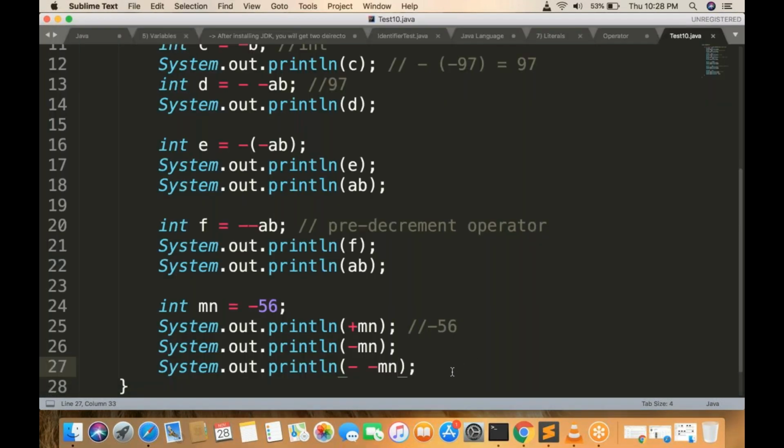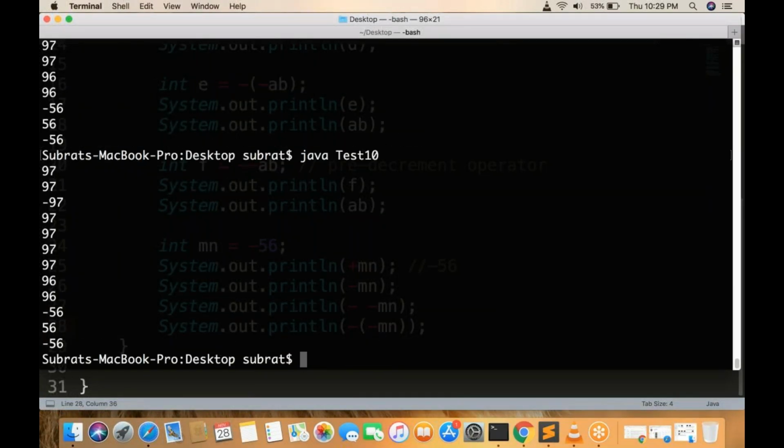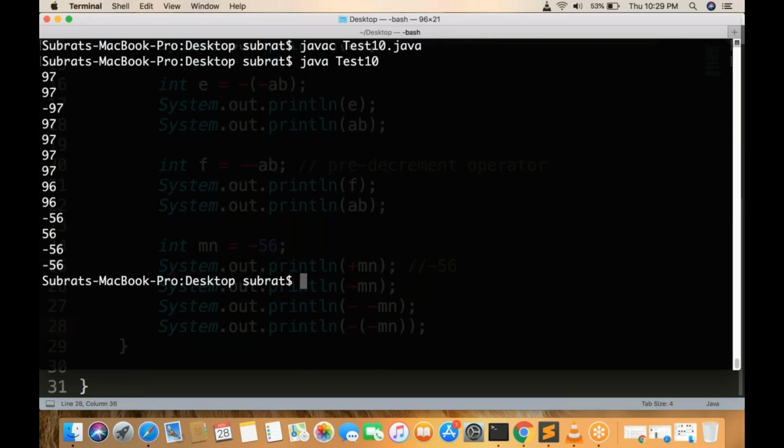Clear? Remember this. Suppose I am doing here minus minus mn like this. So what is the output? What will it print then? Minus 56. See here, compile it and run it.